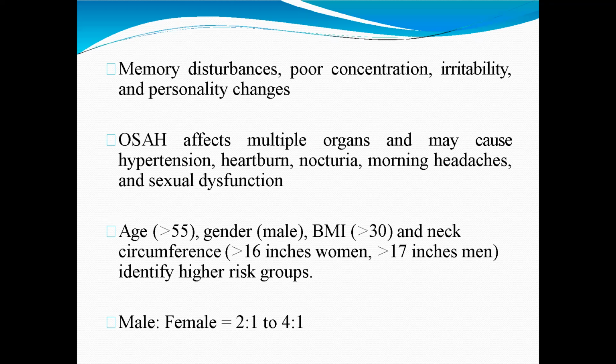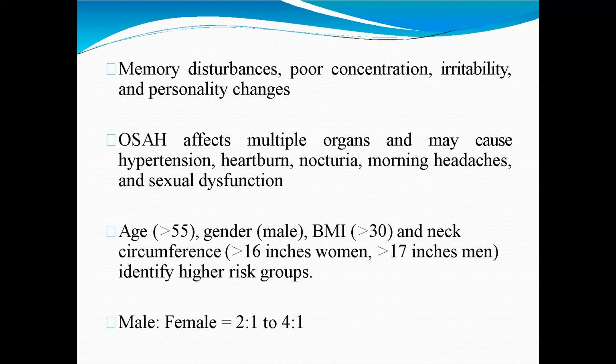Because of that, multiple organs are affected, with other clinical manifestations like hypertension, heartburn, nocturia, morning headaches, and sexual dysfunction. All this can occur in this disease, and it is very predominantly seen in ages more than 55 years, specifically in males. BMI is also important: more than 30, so people who are heavy more commonly have this.